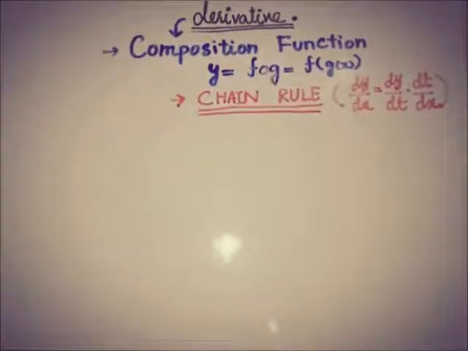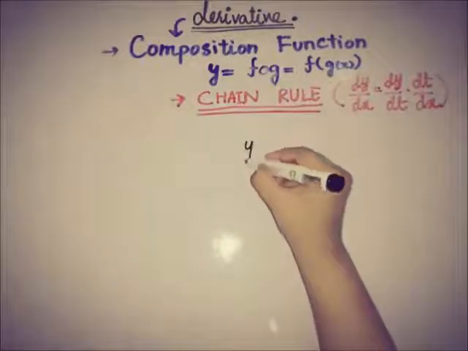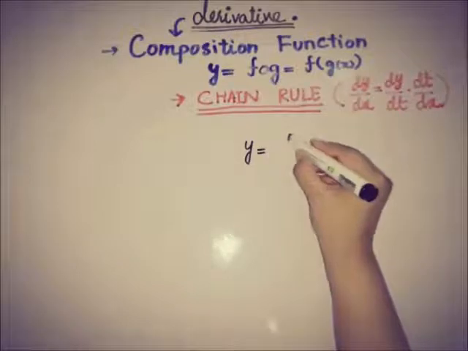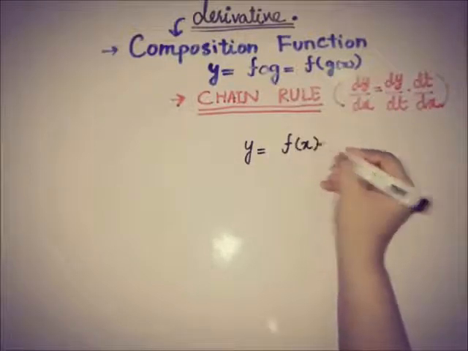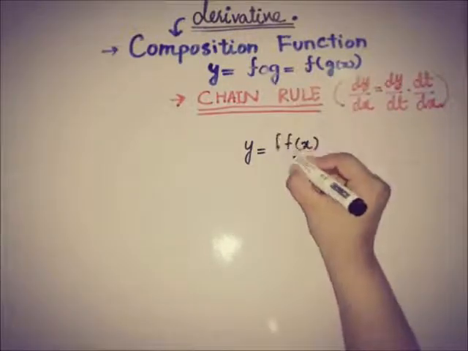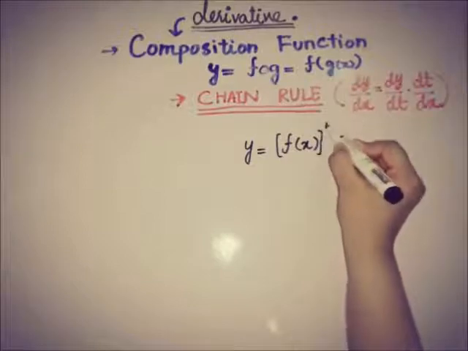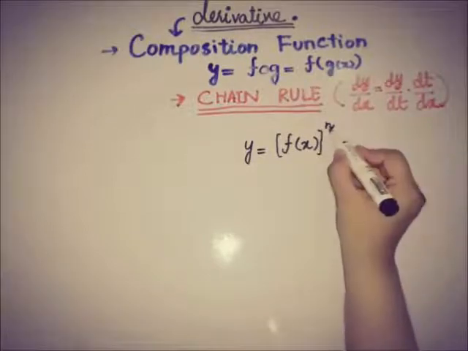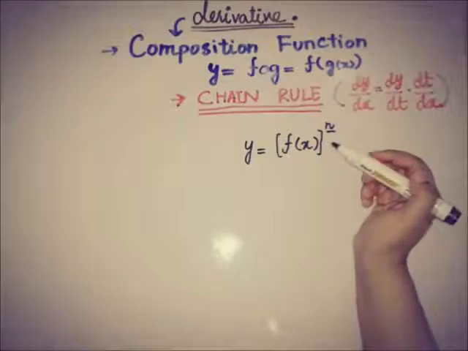But the chain rule is not only about finding the derivative of composition functions, but also of some other functions, just to make the work easier, such as if I have the function y equal to f of x, which is a very complex function, to some power n, or the power is very complex.